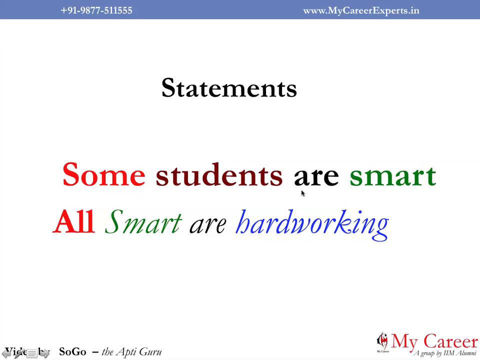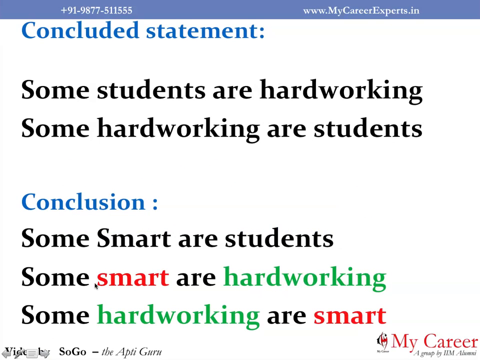This is the explanation of the last one. Some students are smart, all smarts are hardworking. So these are the conclusions we can draw. Some students are hardworking, some hardworking are students. So some smart are students, because some students are hardworking, some hardworking are students. So from here we can differentiate between the smart and hardworking.